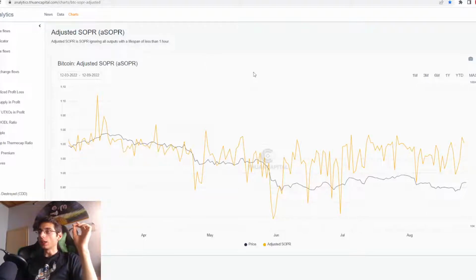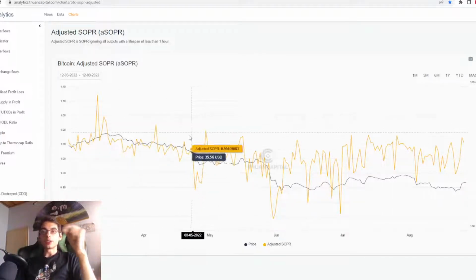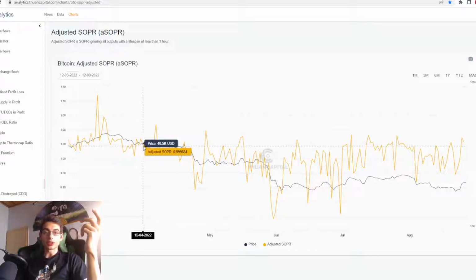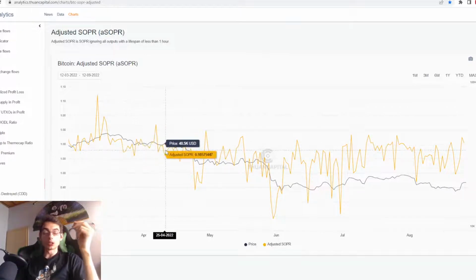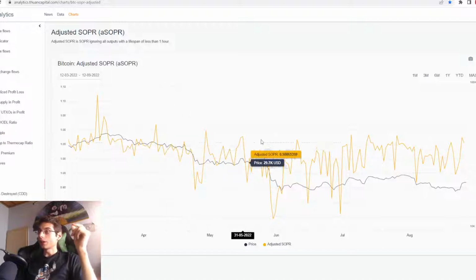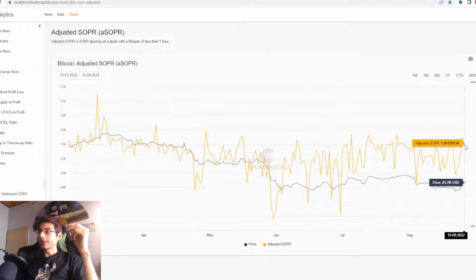That means that the amount of movement that comes on chain in the aggregate gets into this chart and demonstrates whether they are in a loss or in a profit. If the market is in the aggregate above 1 on this metric, the market is in profit. If it is below 1, it is moving coins at a loss, and the 1 itself is a break-even point for the market.